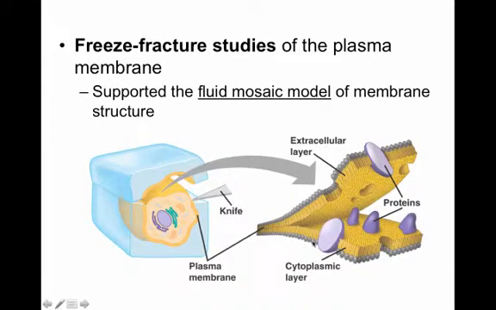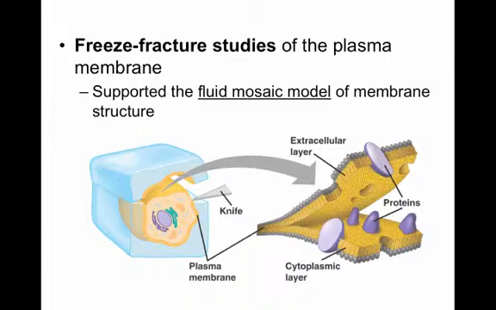Okay. Now the evidence for that model was the freeze fracture studies, and what they would do is freeze the cell, and then they would strike it with a blunt object, or here we actually have a knife. It doesn't have to be a sharp object. But the cell membrane would break down the point of least resistance, which would really be between those phospholipids, those fatty acid tails of the phospholipid bilayer.